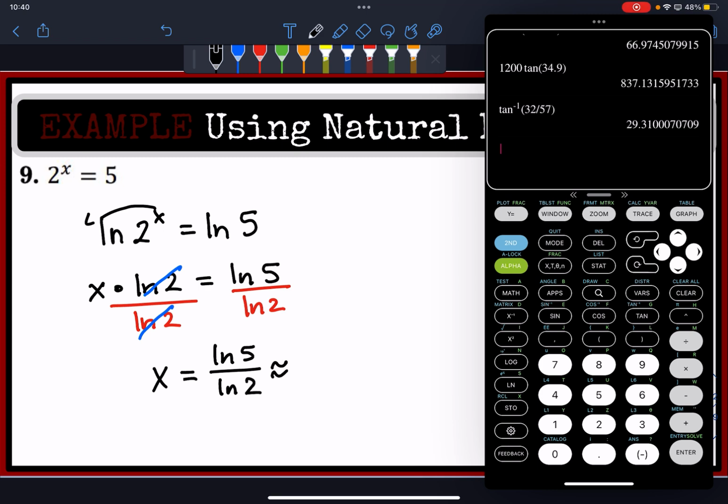So we're going to take the natural log of 5, close the parentheses, and divide that by the natural log of 2. Hit enter, and that is 2.322. So that is our approximation.